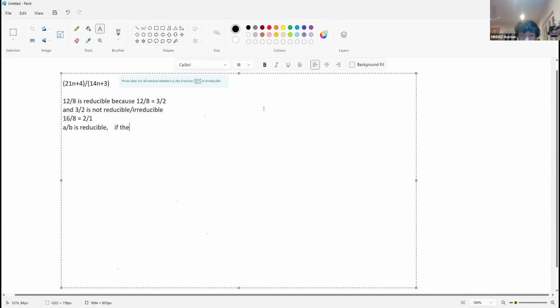That's very smart. A over B is reducible if A and B have a common divisor, and A over B is irreducible if A and B have not. So we want 21n plus 4 and 14n plus 3 to be irreducible.